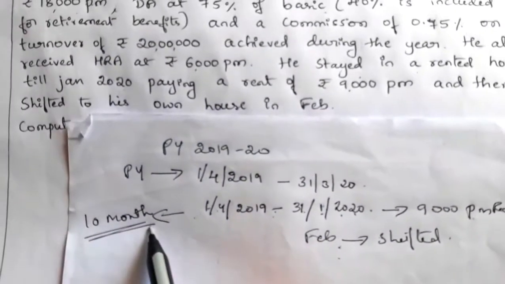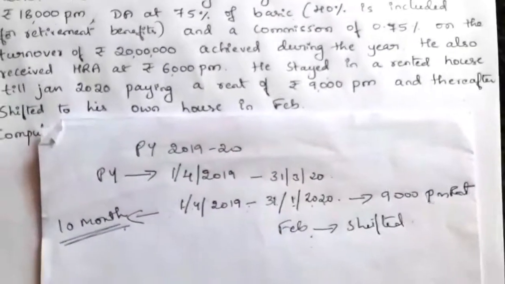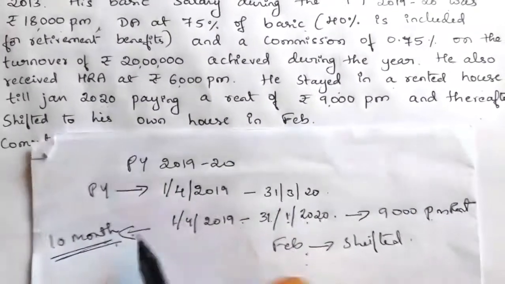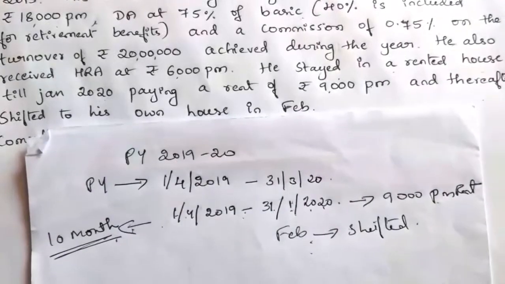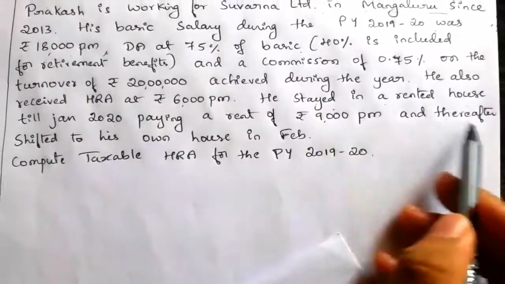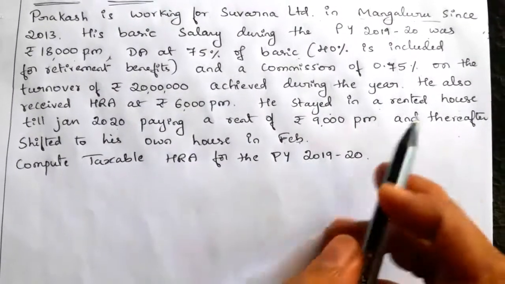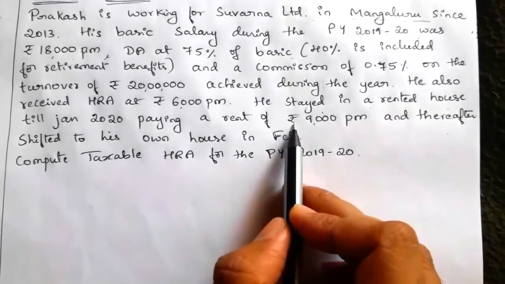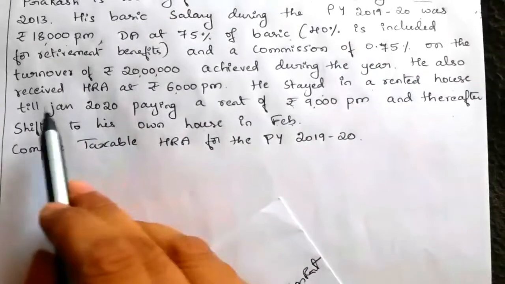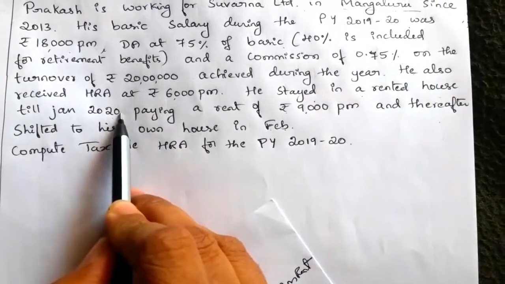Here we have to take the rent paid as well as the salary for the relevant period, only for 10 months. Thereafter he shifted to his own house in the month of February. So till January we have to calculate, as he stayed in a rented house till Jan, the full month of Jan.